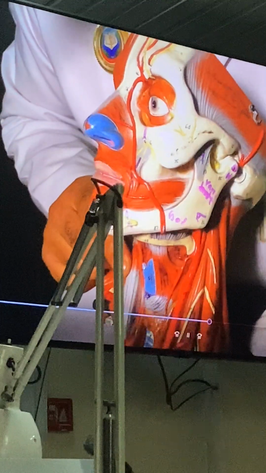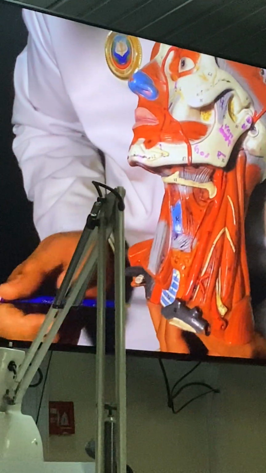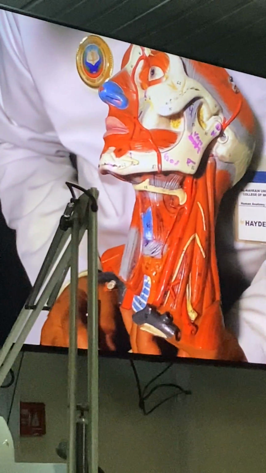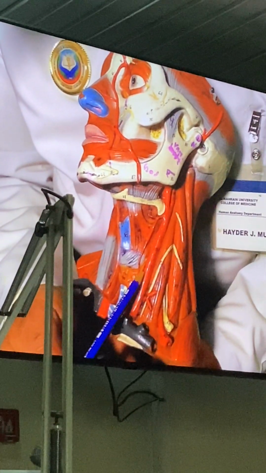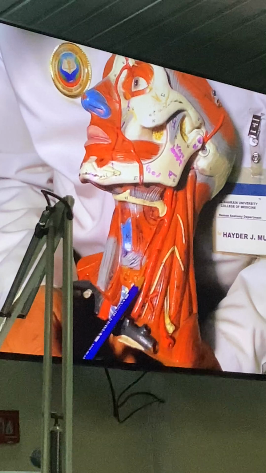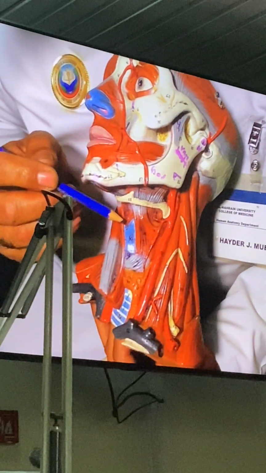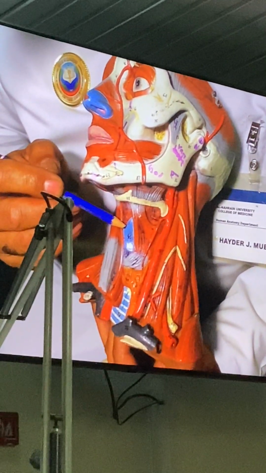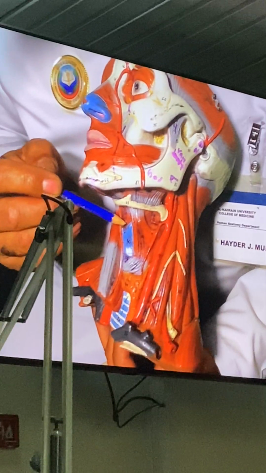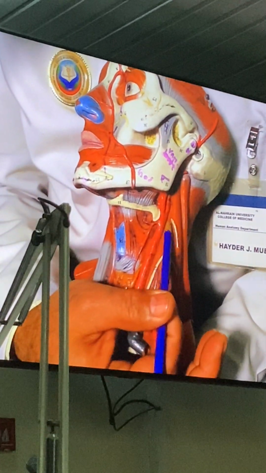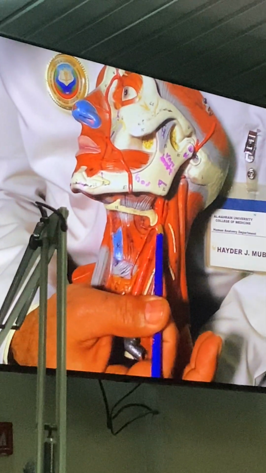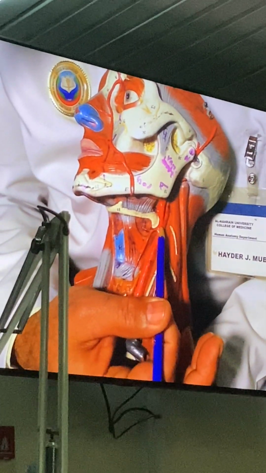Just look at the deeper structure here. Imagine that this is the common carotid artery. And you can go up to the upper border of the thyroid cartilage, going laterally, to see that the common carotid is bifurcating.